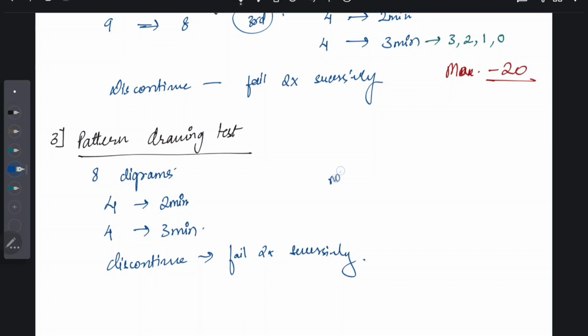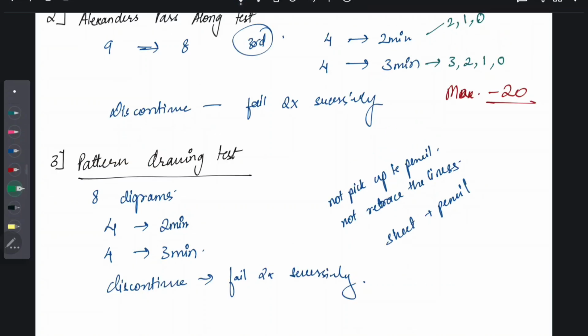So they cannot pick up the pencil, and cannot retrace the lines that they have already drawn. And they are given a sheet of paper and pencil.